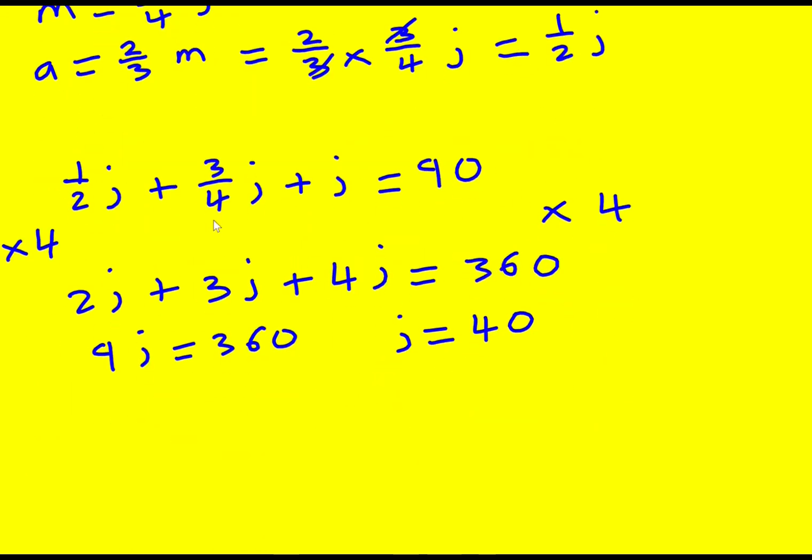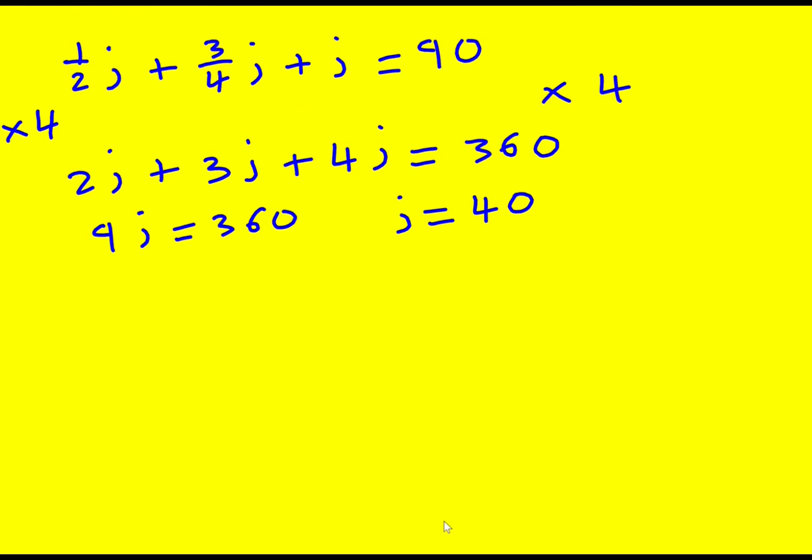Let me just talk briefly about the fraction approach. So if we had a half J and 3/4 J, we could put it all over a common denominator of 4. So it would be actually 2/4J plus 3/4J. And then the J is going to be 4/4J, and that's going to equal 90.